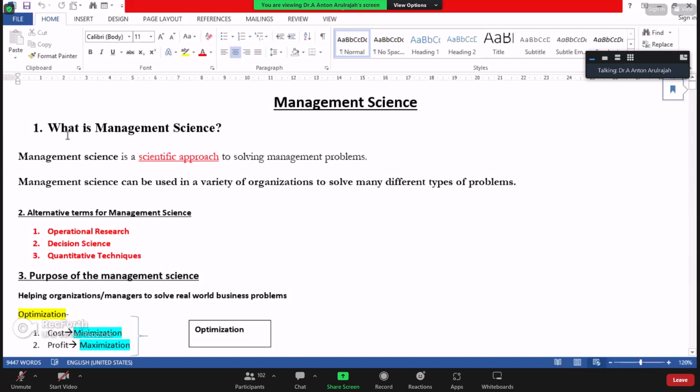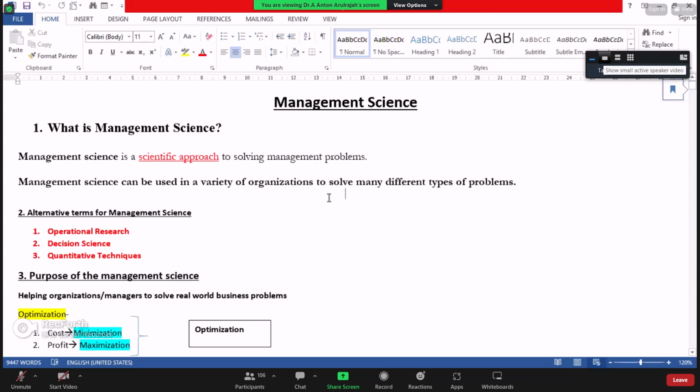In the last class, which was the first class, we studied what management science is. Management science is a scientific approach to solving managerial problems. It can be used in a variety of organizations to solve many different types of business-related problems, such as production scheduling, transportation, project completion, assignments, and inventory management.